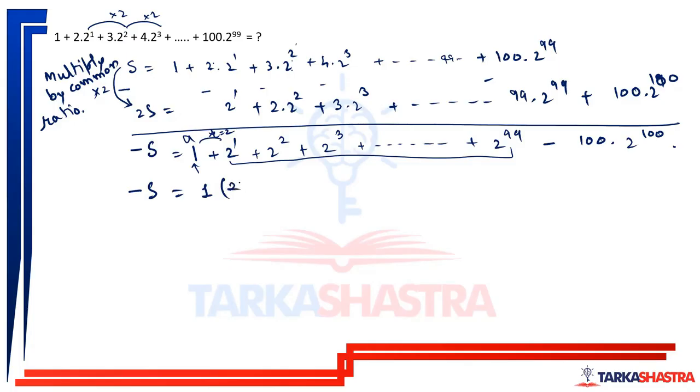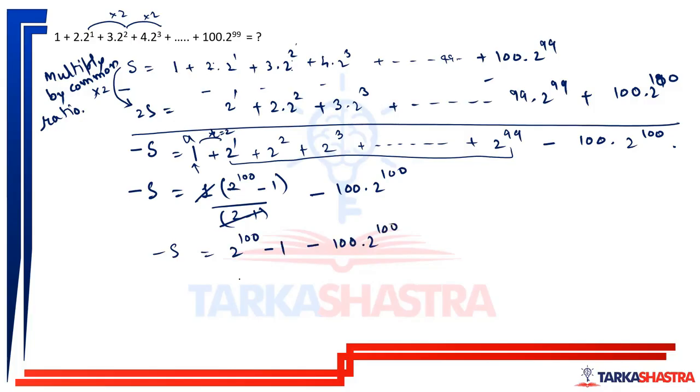So that is 2 raised to 100 minus 1 upon 2 minus 1. Okay, so this 1 gets cancelled. Minus 100 into 2 raised to 100. So your minus s is 2 raised to 100 minus 1 minus 100 into 2 raised to 100.